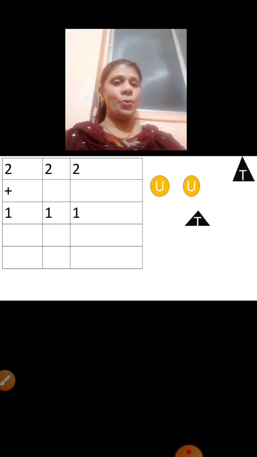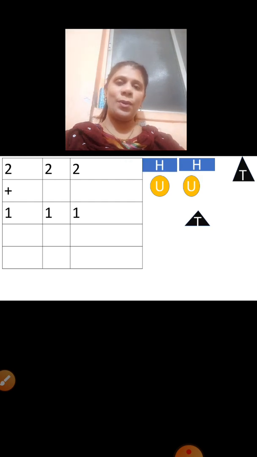Okay. So 2 tens and 2 units. How many hundreds? 1 and here comes one more. So 2H, that is 200, 2T, that is 2 tens, 2U, that is 2 units. So 222.